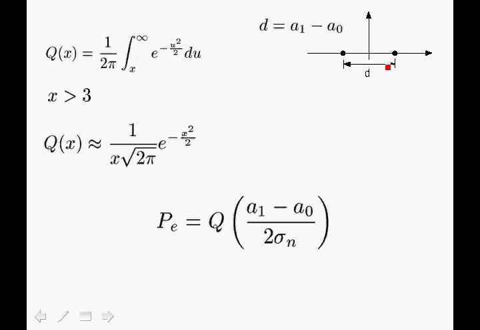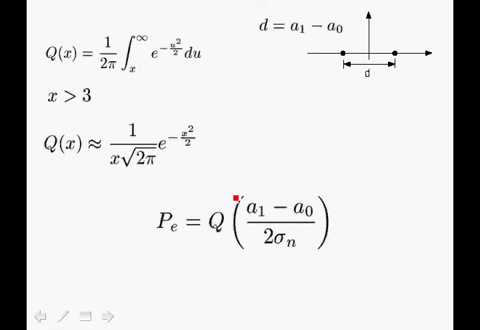Now this distance here is related to the square root of the energy. So in effect, what we're saying is that as the signal to noise ratio increases, the probability of error decreases, which is what we expect. We get better performance as the signal to noise ratio increases.